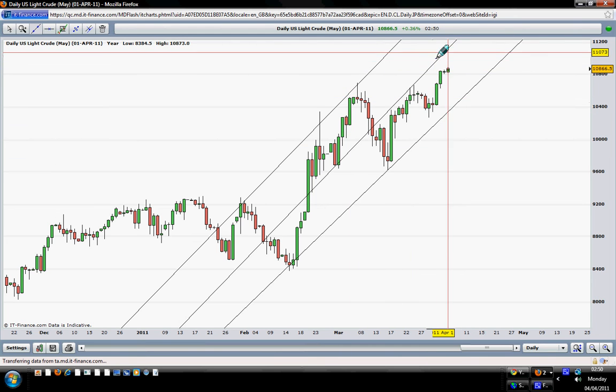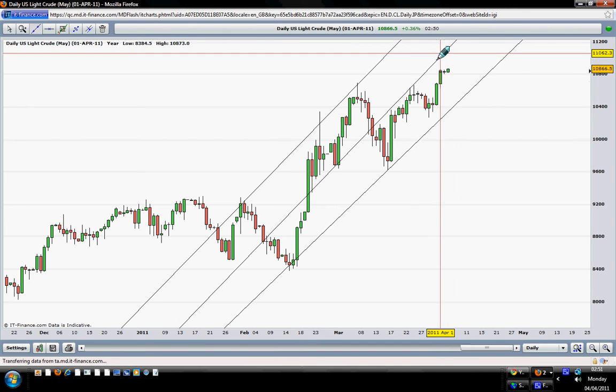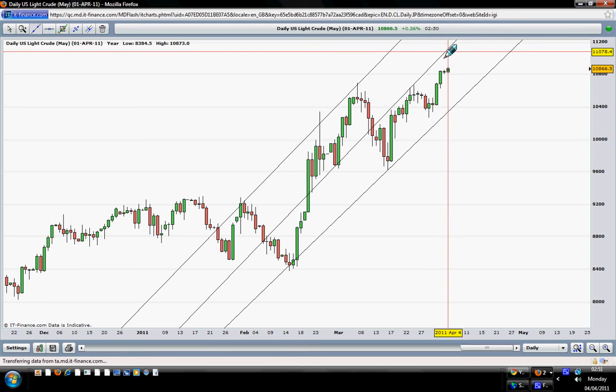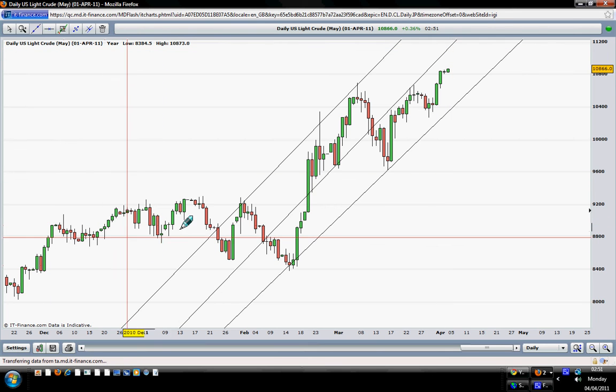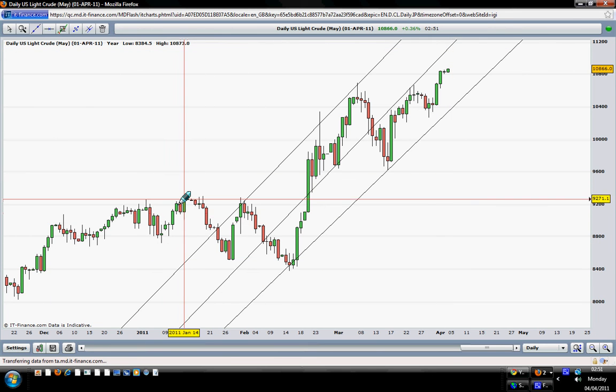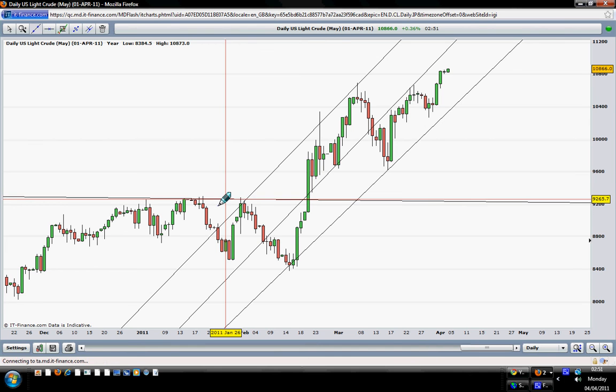So we will watch the middle line of this crude oil in the zone of 11067. As soon as we find resistance there, if we receive a clear-cut signal to sell, we will sell. You can see that the price was in a zone here. There were levels here also that you will pay attention to.